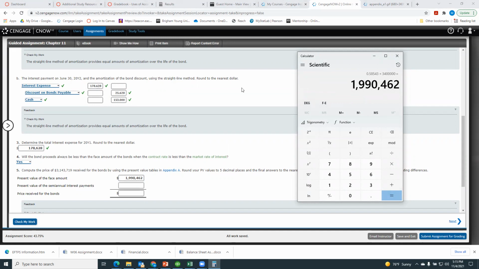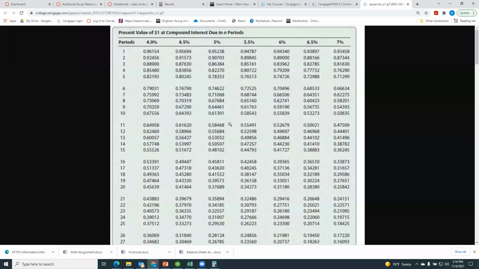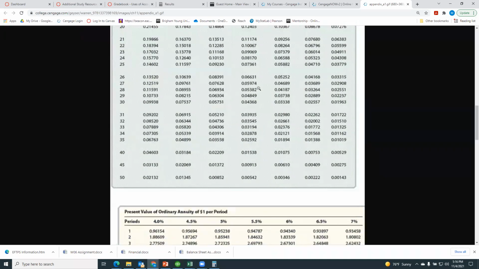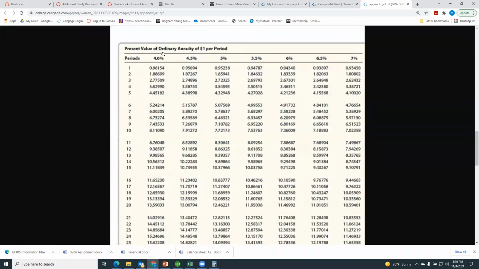So again, I'm going to look at my appendix. I'm going to go 5.5. Well, I'm going to scroll down to this chart, which is called the present value of ordinary annuity. And annuity means a series of payments. I'm going to go 5.5% times 10 periods, 7.53763.